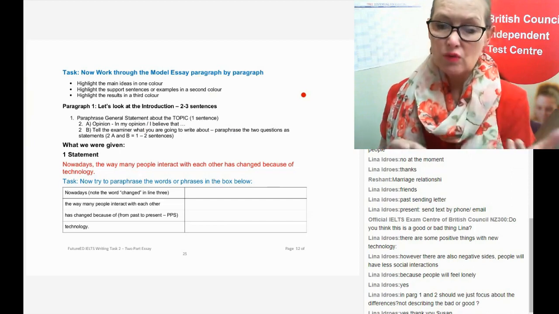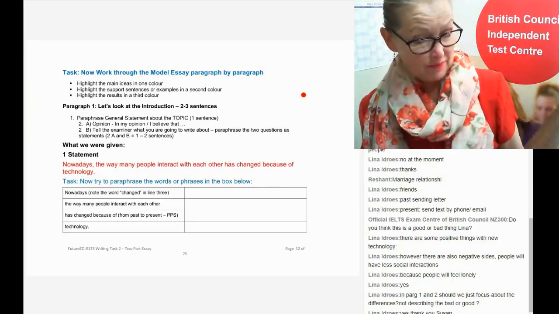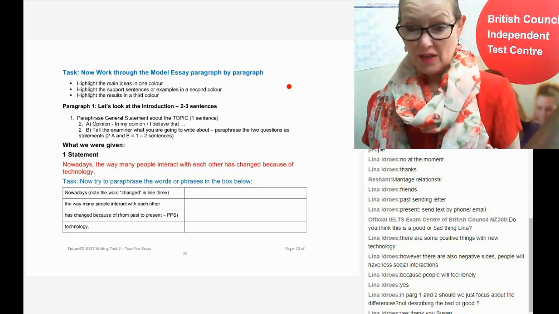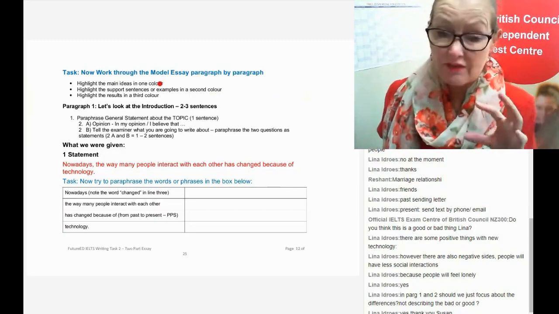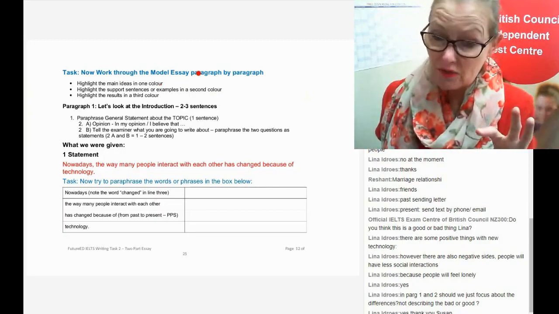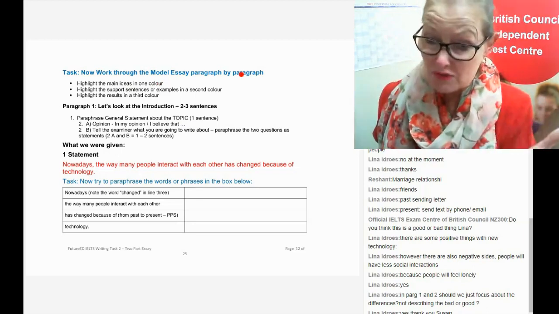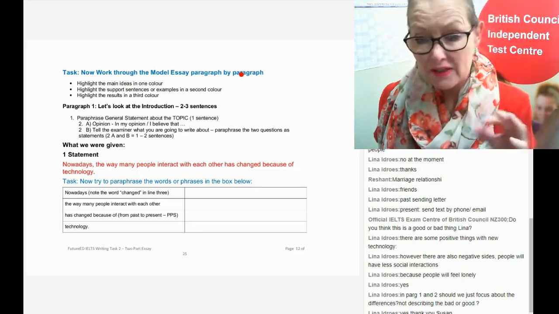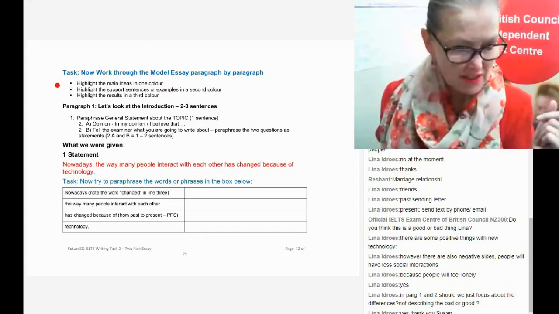And then overall, we think technology is very, very positive, or we perhaps think that there are some negative effects. And of course, we could again write about both sides here. I think it's a positive thing because, and I think it's a negative thing because, as long as we answer that question.